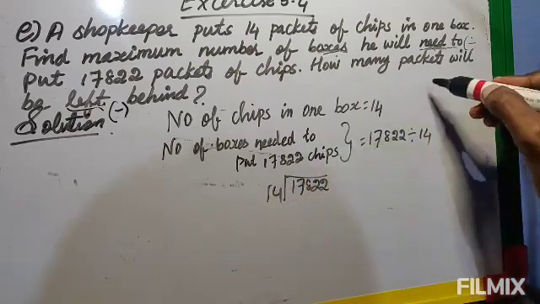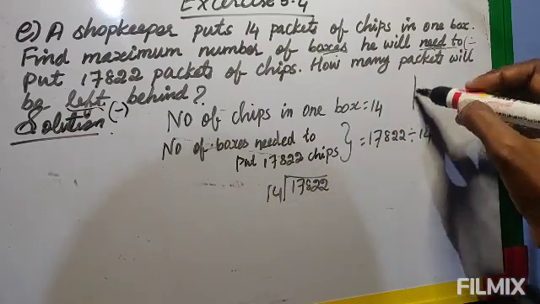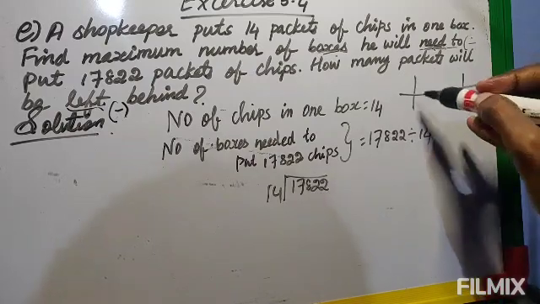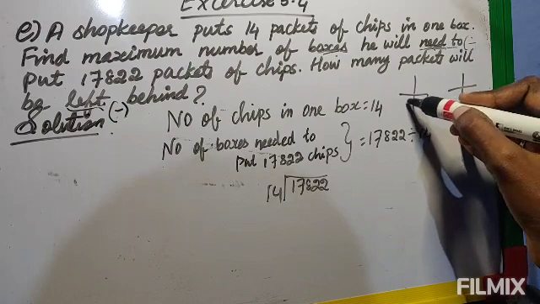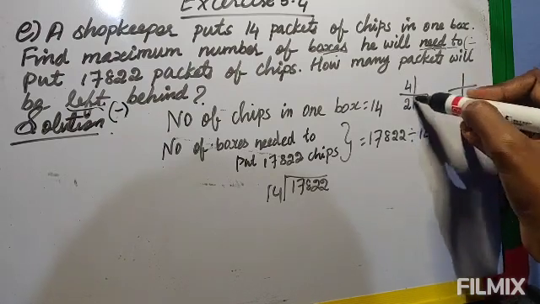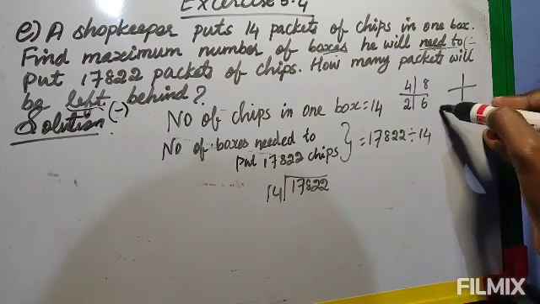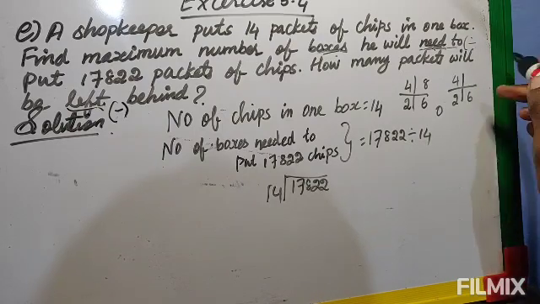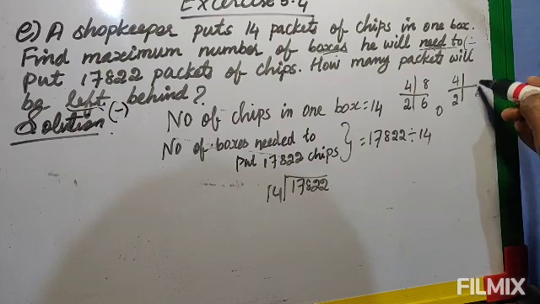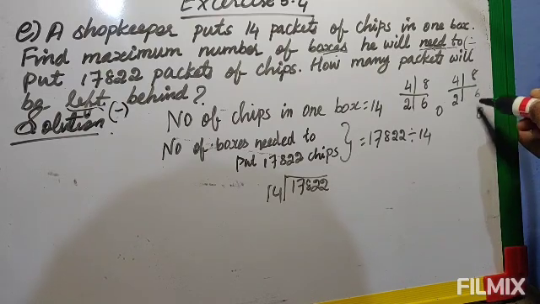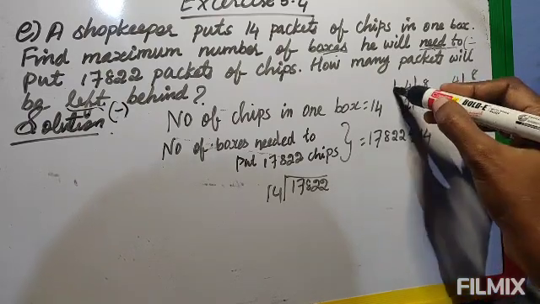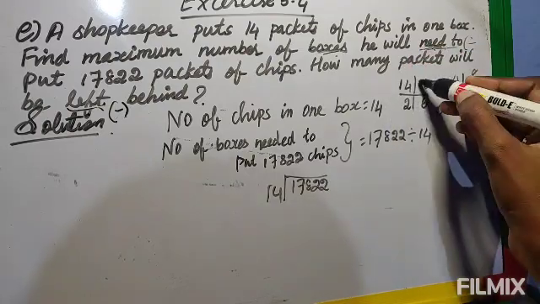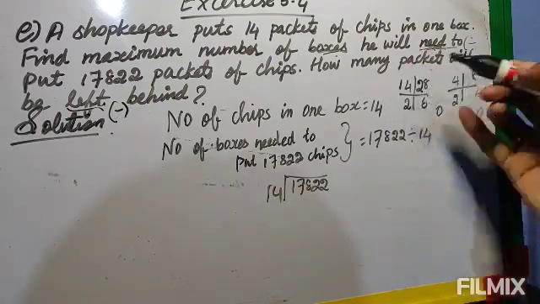So now we have to divide 17,822 by 14. Let's write the 14 table, I will teach a shortcut. As for the 4 table, we have to arrange this: 2, 4, 6, 8. Even numbers you have to arrange first. Now first insert the number 1, again 2, then you leave 3.